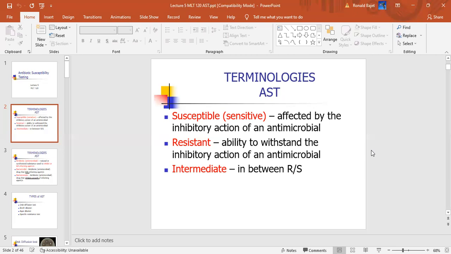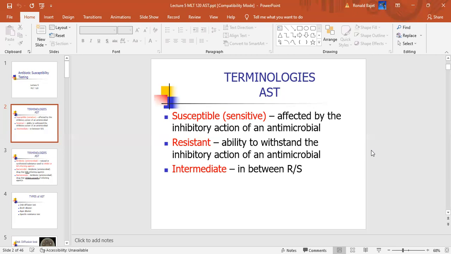Okay, so for example, we're going to get into Kirby-Bauer zone sizes. Certain zone sizes are defined by the CLSI that will tell us whether or not the organism is sensitive or susceptible or resistant.